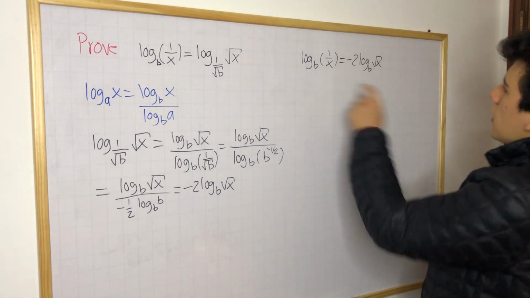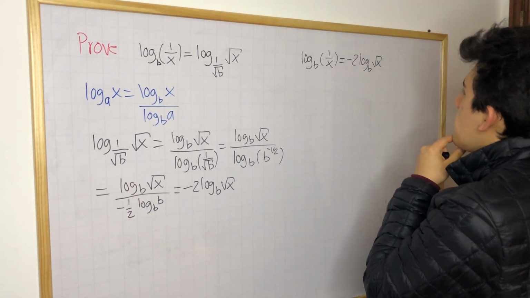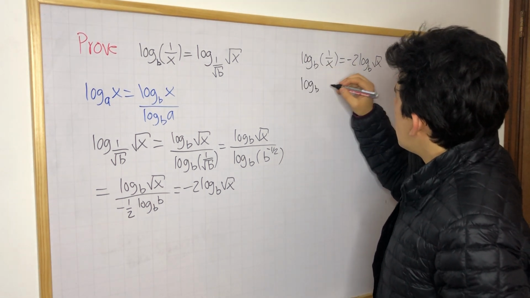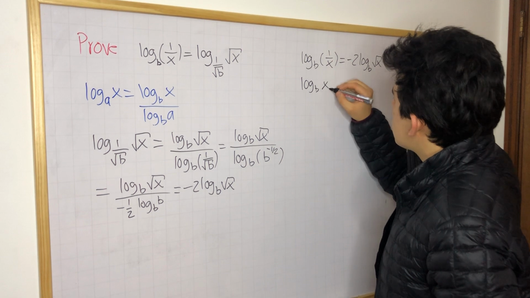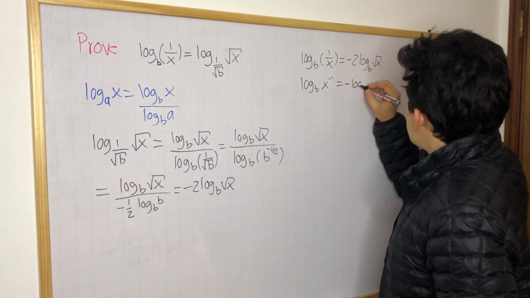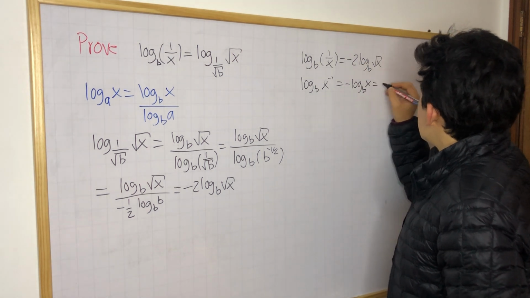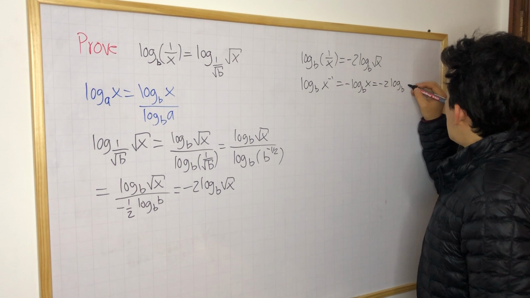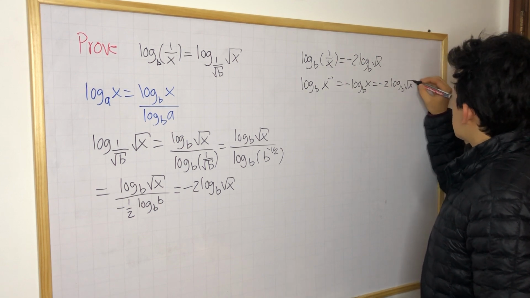Okay? So if we have this, now we have the same base. And log base b of 1 over x is just simply log base b of x to the negative 1, which is minus log base b of x, and this is equal to minus 2 times log base b of square root x, okay?